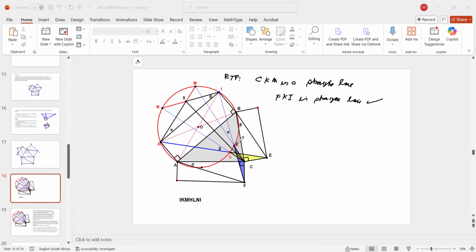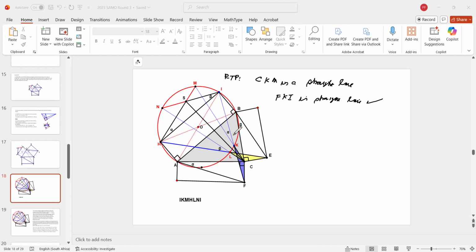So obviously K is on FI. It's a point of intersection. Right. So we know that FKI is a straight line. And we want to show that CKM, and there's your K here. I want to show CKM is a straight line.